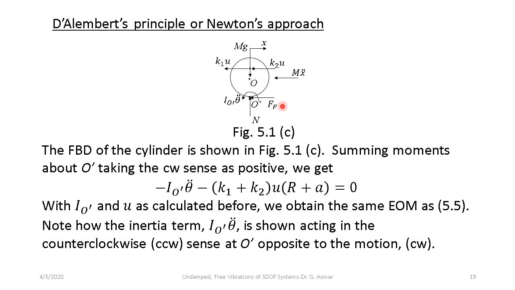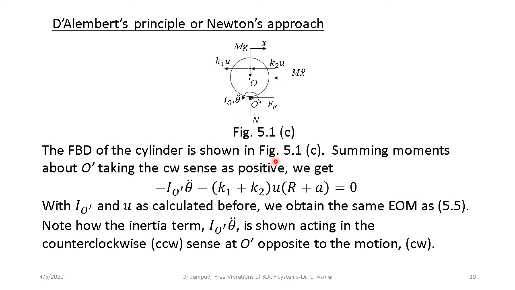And in my mind, I would be summing moments about the instantaneous center of zero velocity O prime. Therefore, I show the inertia term due to rotation, I O prime theta double dot, acting again opposite to the motion. So motion is to the right for O and clockwise for the cylinder or the disk. Therefore, I will show an I O prime theta double dot acting counterclockwise at O prime.